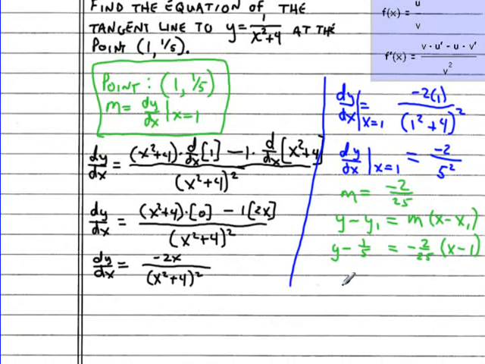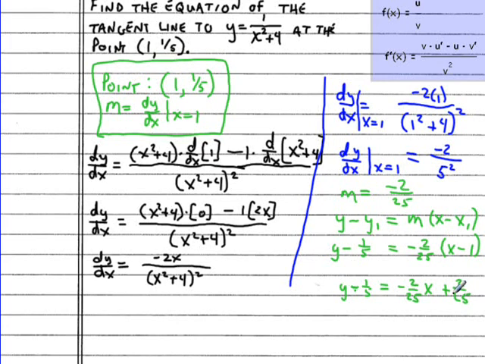Now we begin simplifying this. So we have y minus 1/5 is equal to, on the right side, negative 2/25 times x plus 2 over 25.